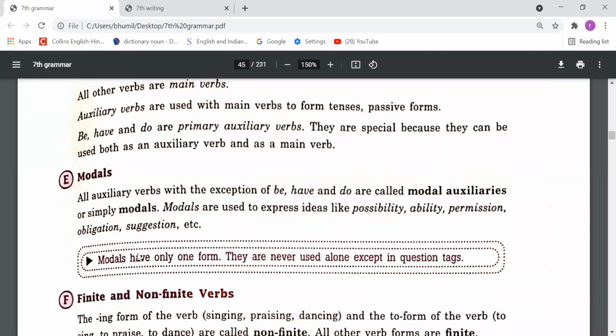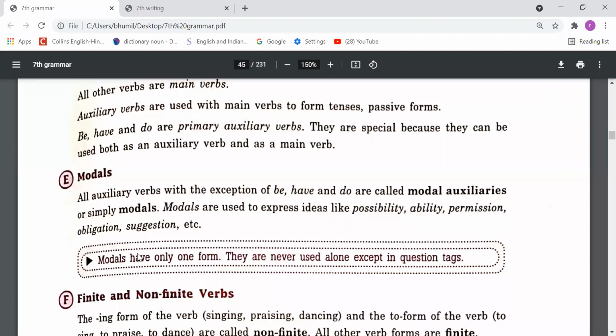They are never used alone except in question tags. So dear students, apart from do, be, or have, the rest of the verbs are called modal auxiliary verbs, or we can simply say modals. So by these modals we express possibility, ability, permission, obligation, suggestion. These are all the things we express with the help of modals.